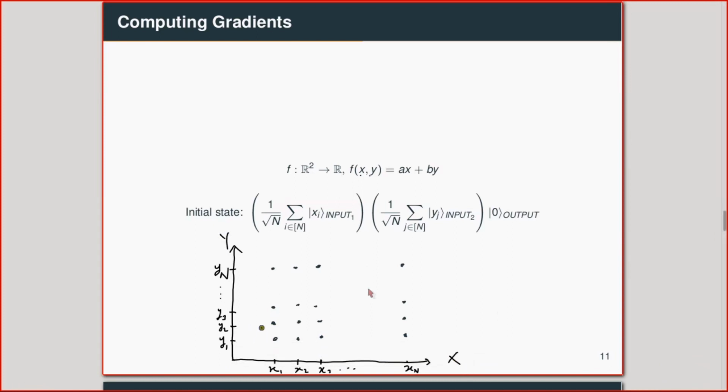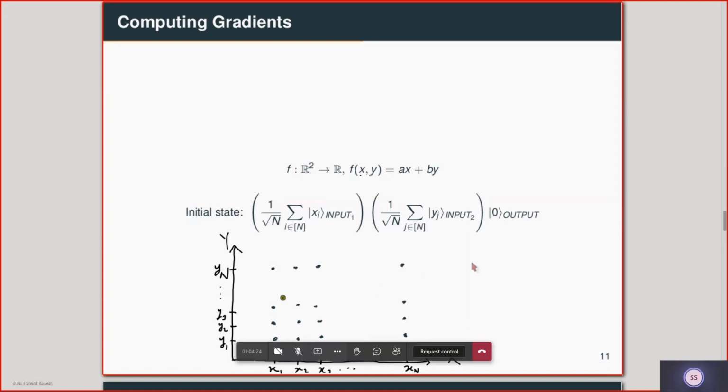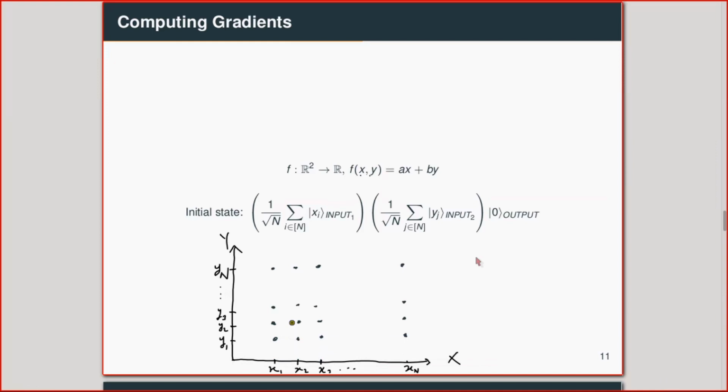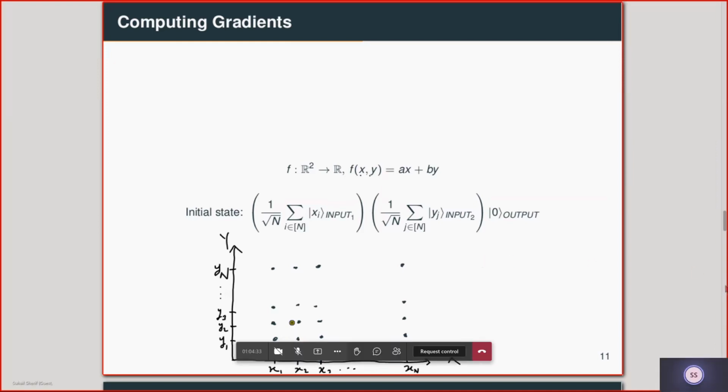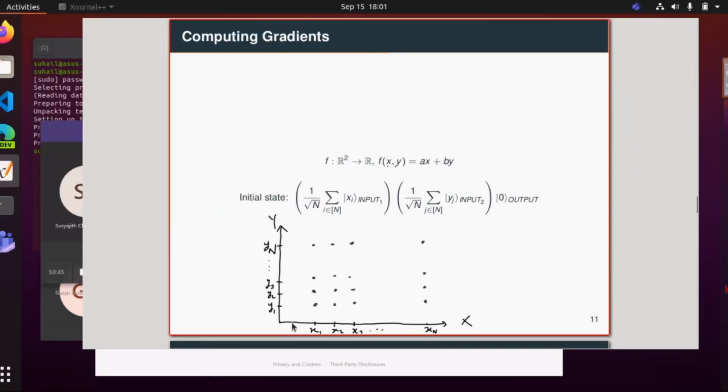So there's the point x1, y1, x1, y2, x1, y3, and so on till x1, yn, and so on, x2, y1, x2, y2, x2, y3. I'm making my quantum computer create a superposition of all these points. It will be querying all of these points in superposition. That's all that this was meant to indicate. Hope that is clear.